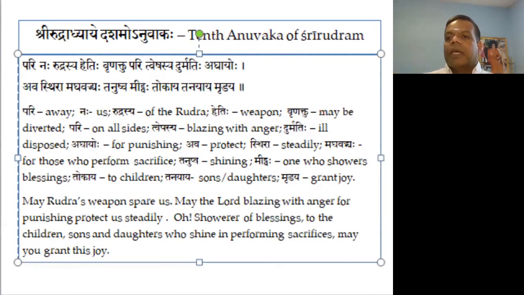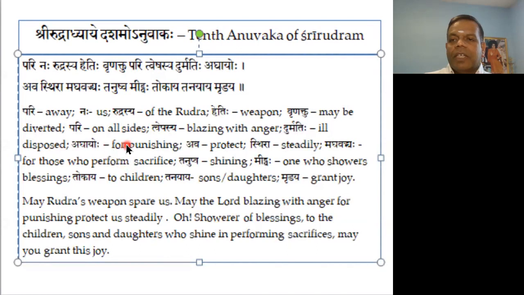So that means it's a prayer. Avatu mam, avatu vaktaram, that we have used. That kind of avatu means protect. So in this case, vrinaktu means let it be diverted away from us. So we are asking that Rudra's weapon, heti, should be diverted away from us.